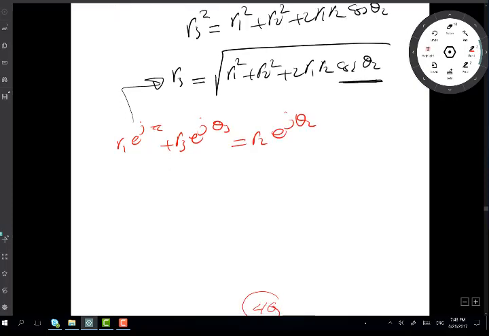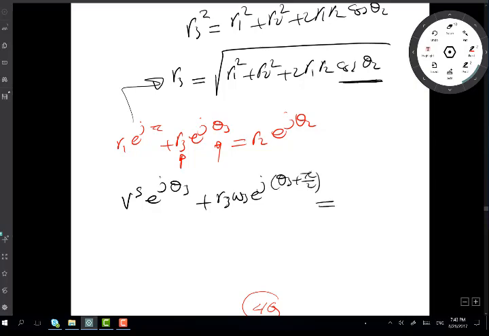If I differentiate that, I get two variables, both R3 and θ3 are variables, so when I differentiate I get two terms: the sliding term in the direction of θ3, and the one perpendicular to the link, R3 ω3 e^{j(θ3+π/2)}. On the other side, I have R2 ω2 e^{j(θ2+π/2)}.